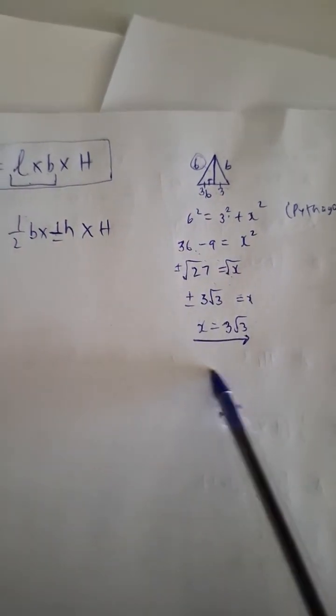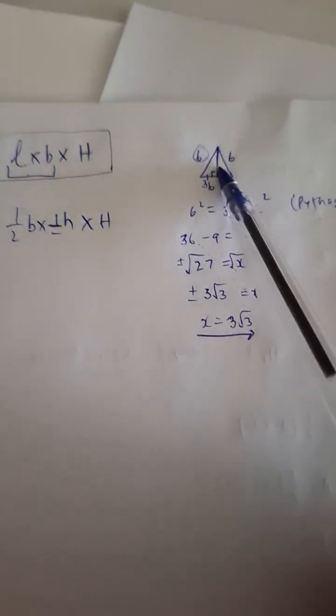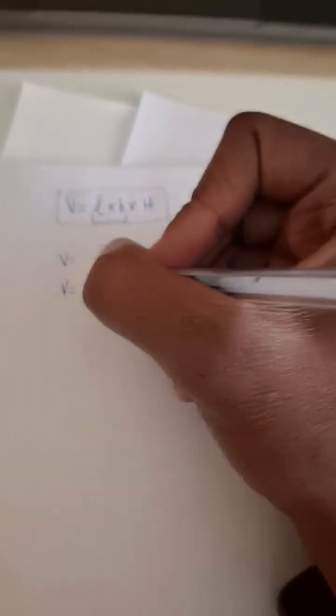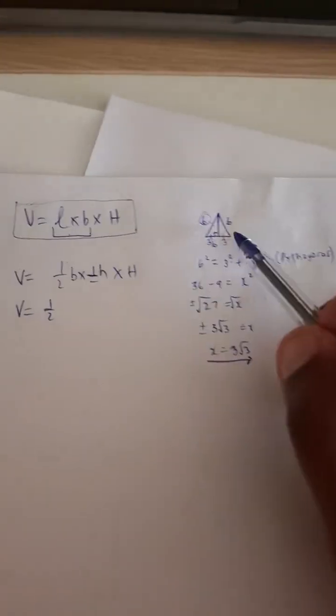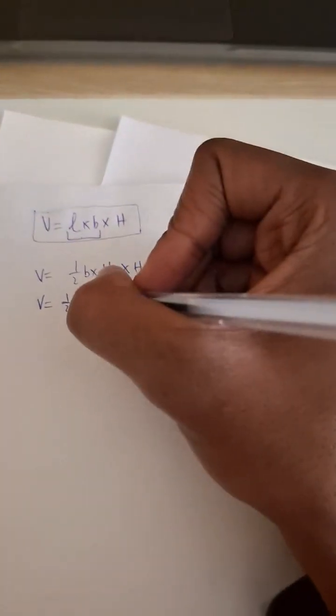All right, so sorry guys, I keep getting a bit disturbed here. But as I was explaining, this becomes the height of the actual triangle. So we can now substitute that height. Half the base. Remember, the base is 6.